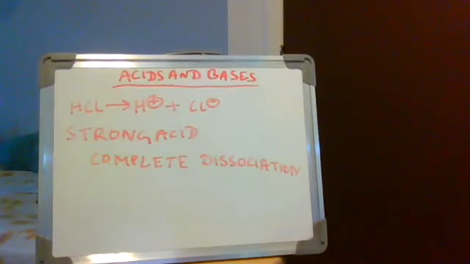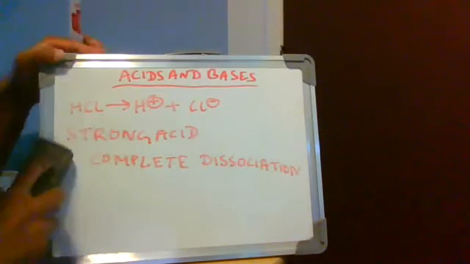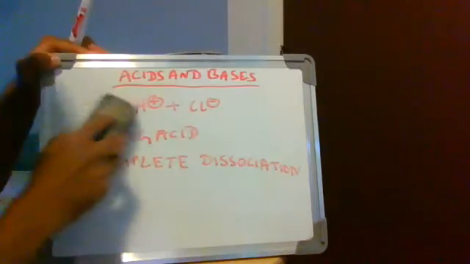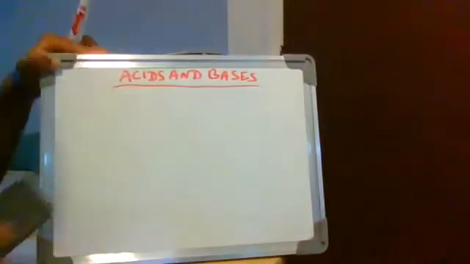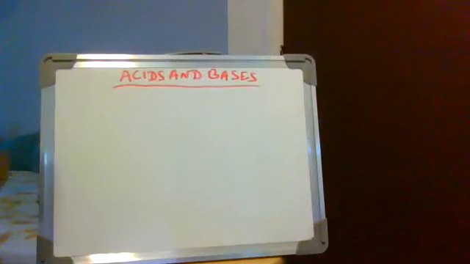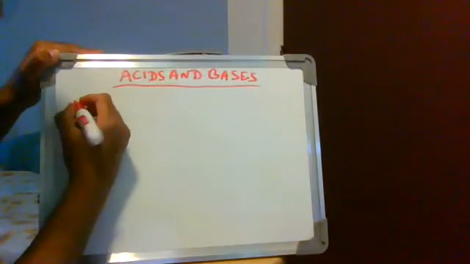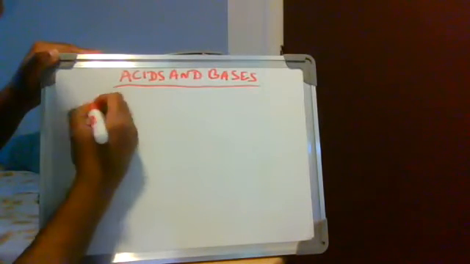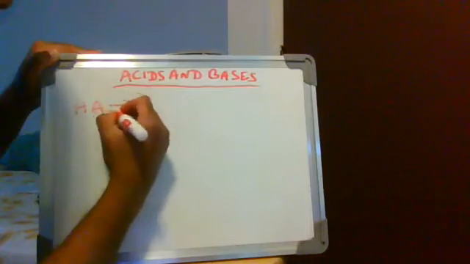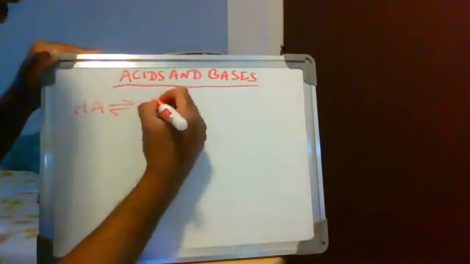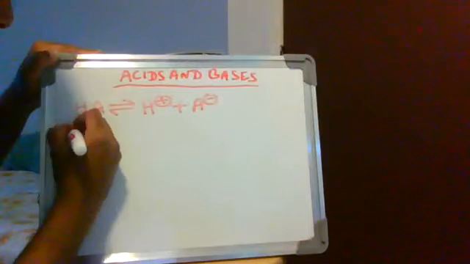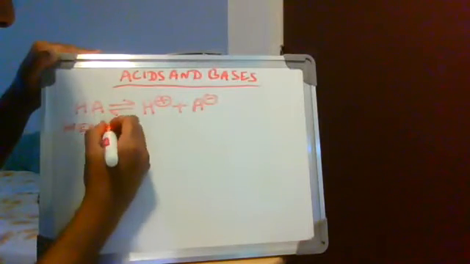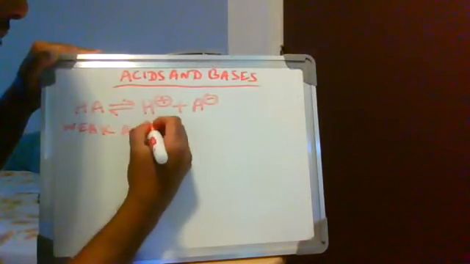What if an acid is not strong? That's the topic of today's discussion. What if it's a weak acid that cannot dissociate completely? What happens in that case? Let's take a generic example, HA, that dissociates to give you H+ and A-. That's a weak acid.